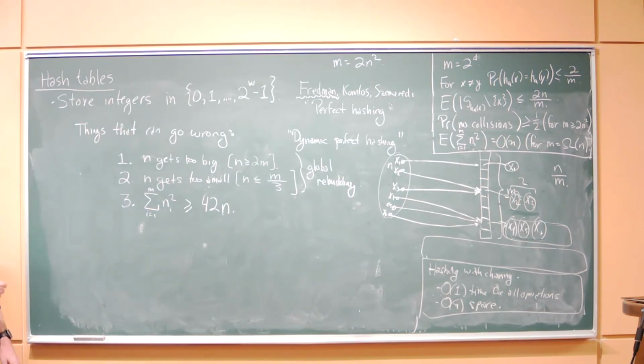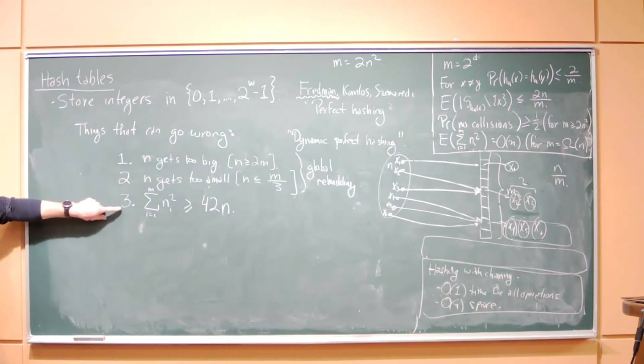If that happens, that means the number a that we're using in our hash function is a bad choice for the set of things we're currently storing.